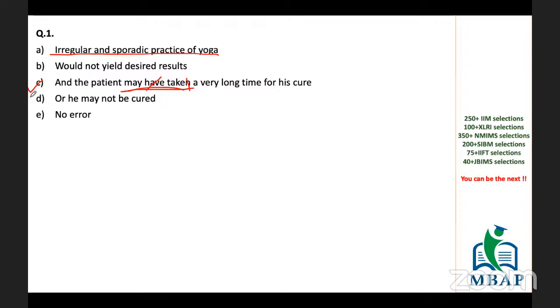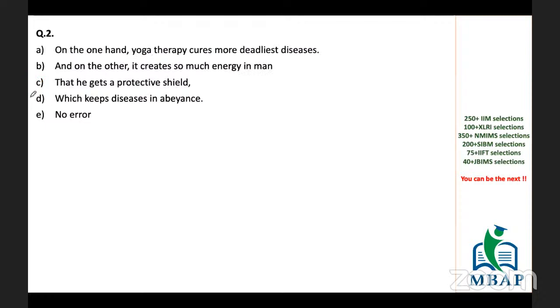Okay, proceeding to the next question. On the one hand, yoga therapy cures more deadliest diseases, and on the other, it creates so much energy in men that he gets a protective shield, which keeps diseases at abeyance. Or no error. Here there is no option of no error at all, because in the very first sentence I identified that we have used "more" and "deadliest" together.